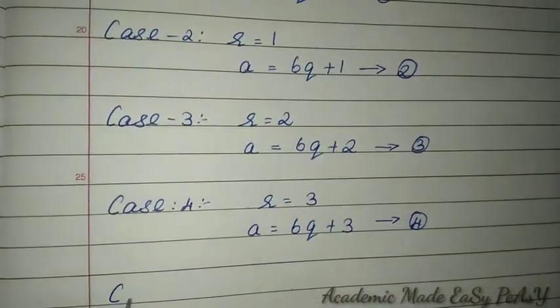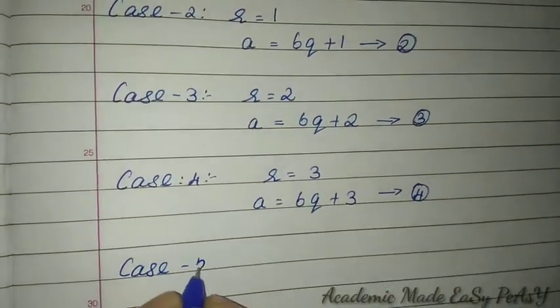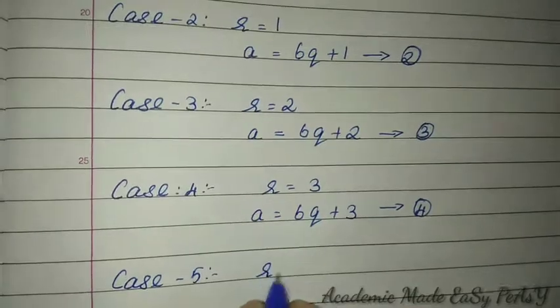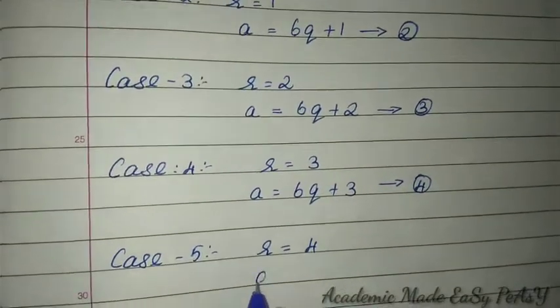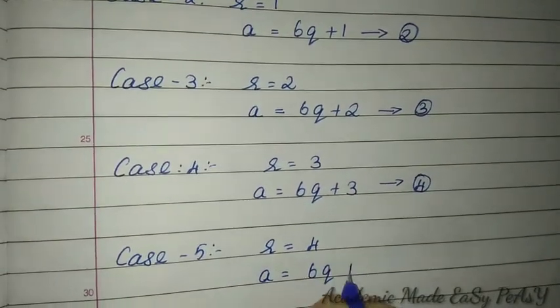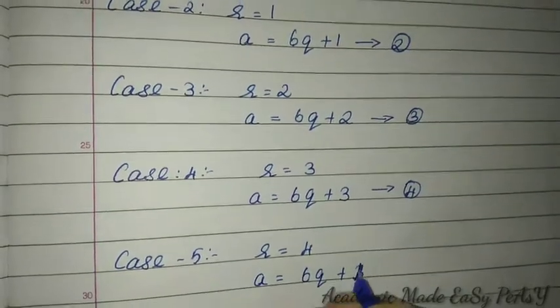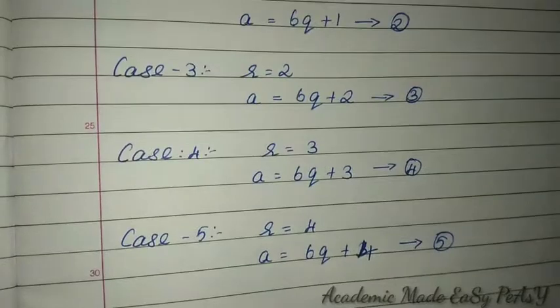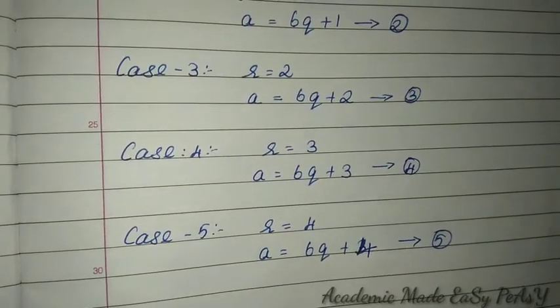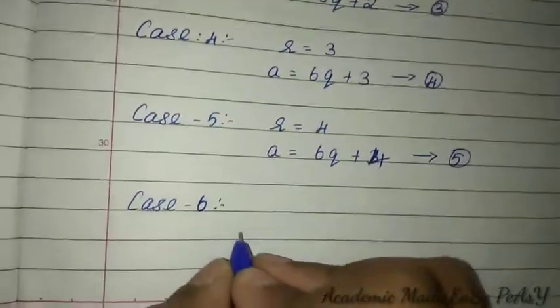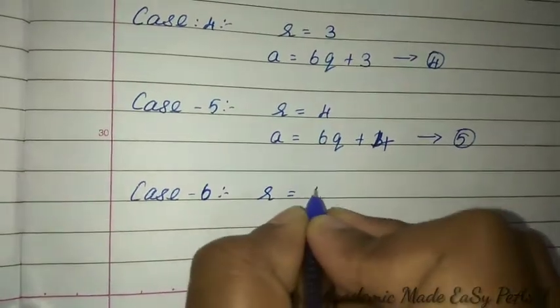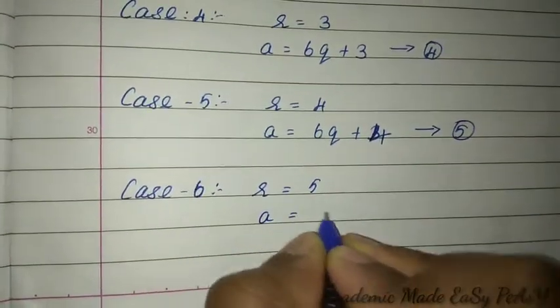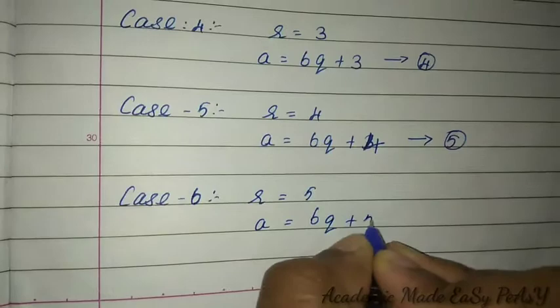Equation 4. Case 5. r is equal to 4. So a is equal to 6q plus 4. This is equation 5. And case 6. r is equal to 5, no? So a is equal to 6q plus 5.